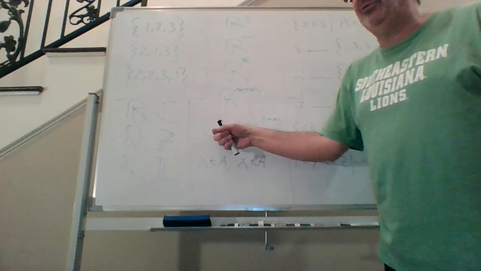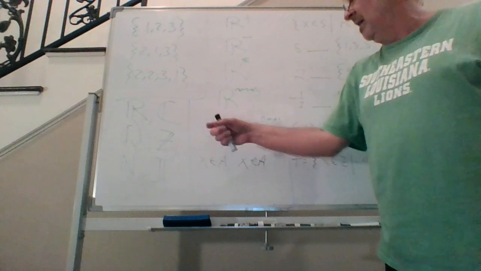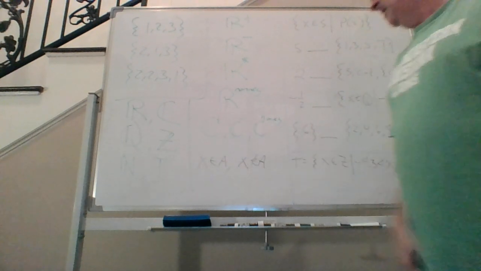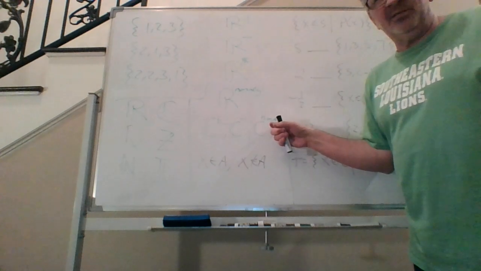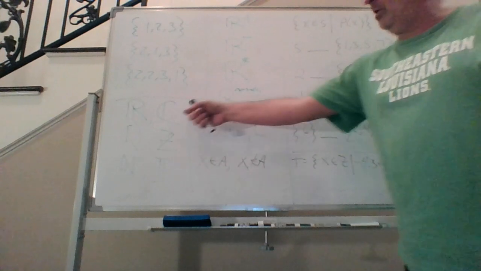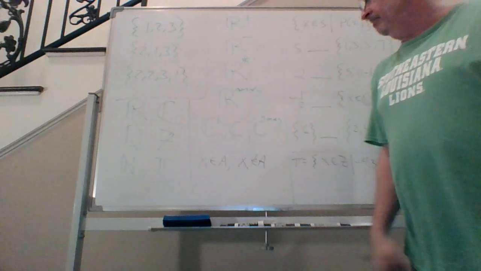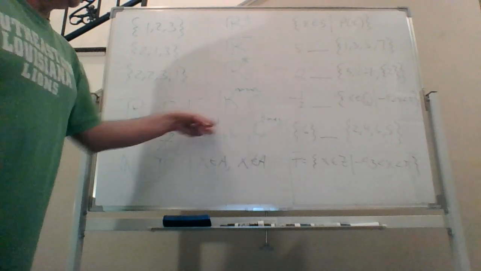Is 2 minus 3i a positive complex number or a negative complex number? That doesn't make any sense, okay? Same for C non-neg, that doesn't make any sense. Now, C star does make sense, right? Star just means throw out 0. So C star would be all complex numbers except 0. So just keep in mind, complex is the only one that's an issue with the plus and the minus and the non-neg.